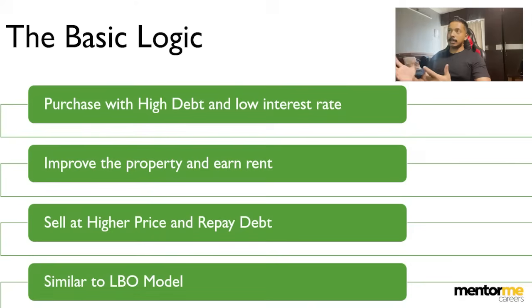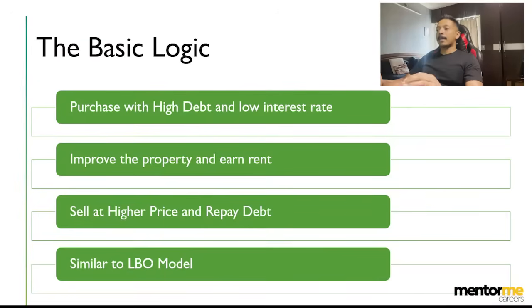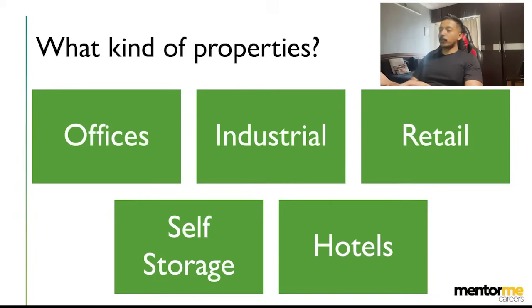In a leveraged buyout, instead of a real estate property, we take a public or private company, using a lot of debt, use the cash flows of the business to pay the debt, and eventually sell off the business at the end. So that's the basic logic, and hopefully you also understood where the jobs are coming from in real estate.